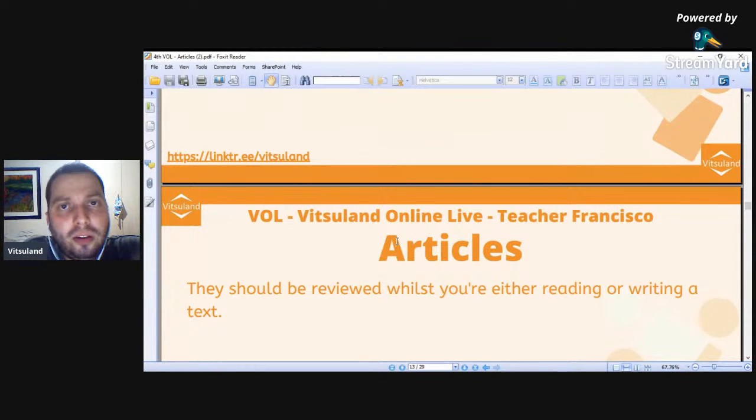Okay, so in general, articles are these elements. They are the small words, little words, tiny words that help us when we are determining or saying that something is not defined.